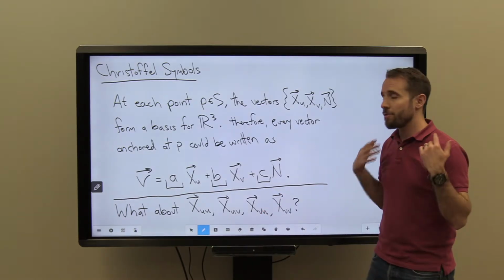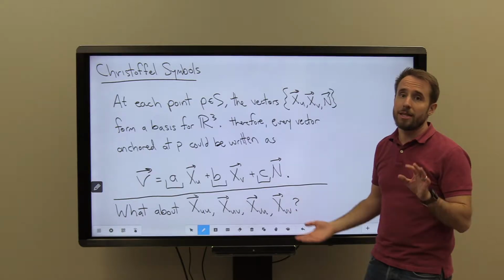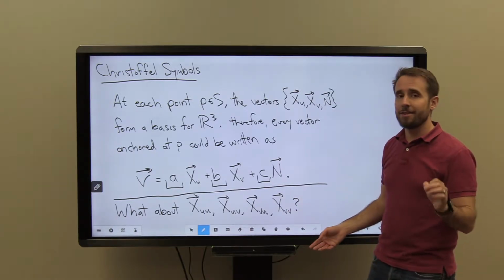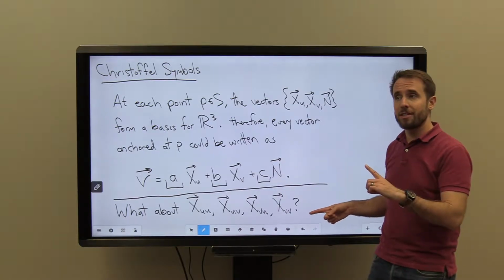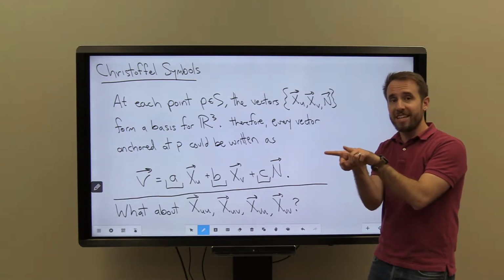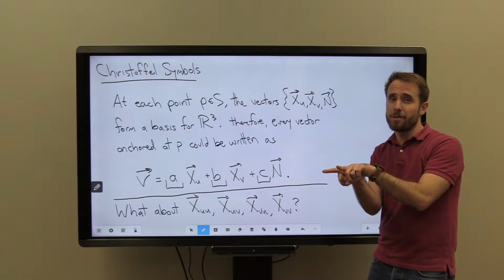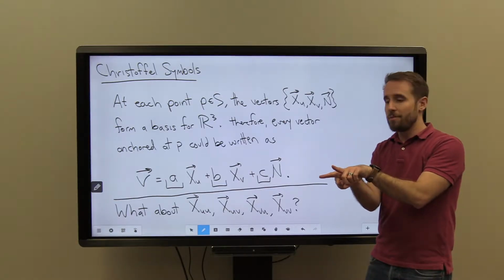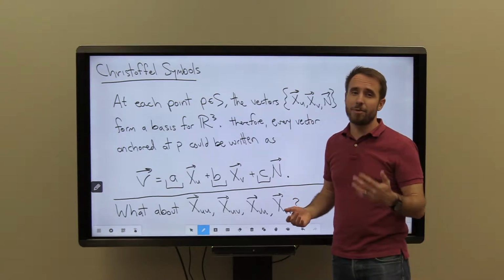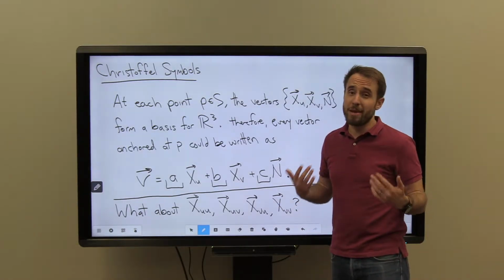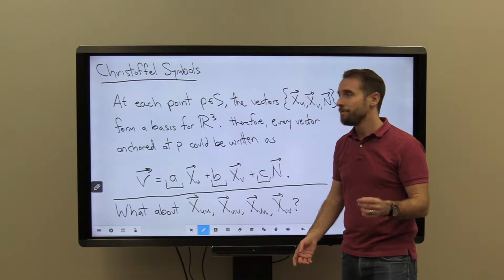And that just means that these are three vectors in R3. They will all be linearly independent from each other, right? The normal vector will be pointing perpendicular to the surface. X of u and x of v will be pointing tangent to the surface. And because our surface is regular at this point, x of u and x of v are not pointing in the same direction. So in total, these three vectors form a basis of three-dimensional space.